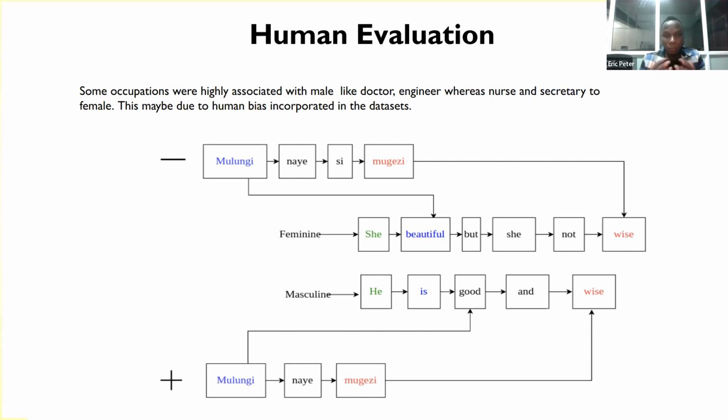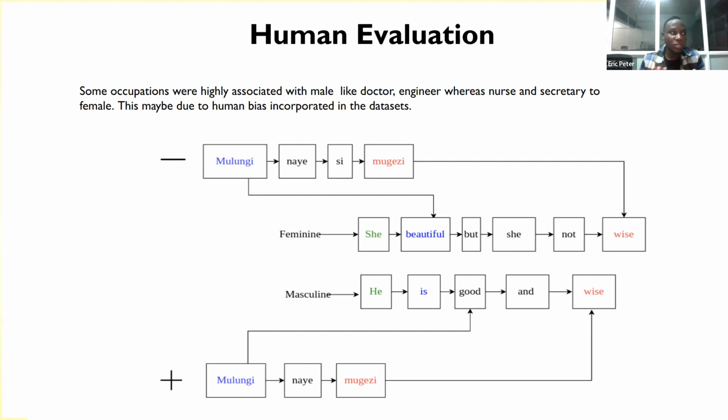For the human evaluation, specifically they looked at how models think about the male and female stereotype, positively and negatively. We realized that when we talk about beauty and wisdom, from the gender-neutral source sentence our model was associating beauty but not wise to the feminine stereotype, whereas wise and handsome or good was associated to the masculine stereotype.